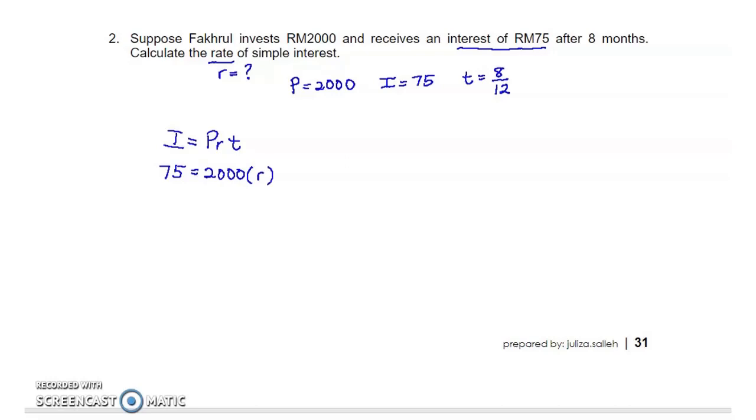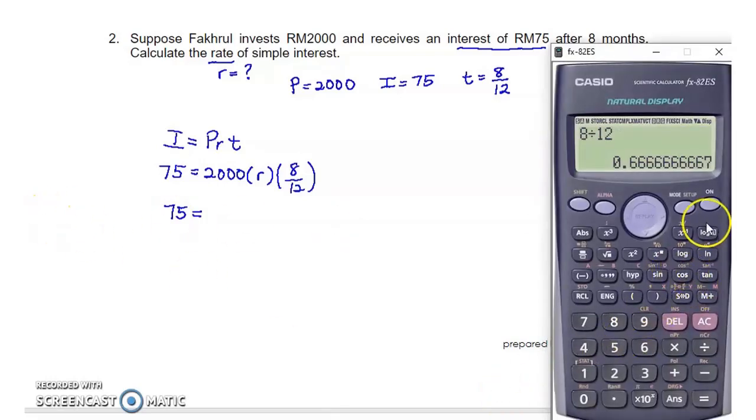You want to find value R, multiplied by R, and then multiplied by T. Solve this. 2,000 multiplied by 8 over 12 is 4,000 over 3.